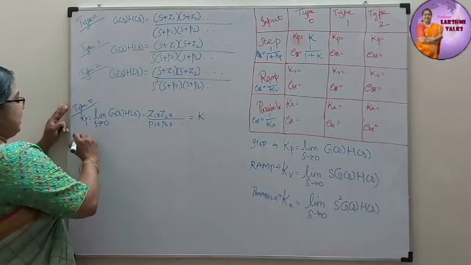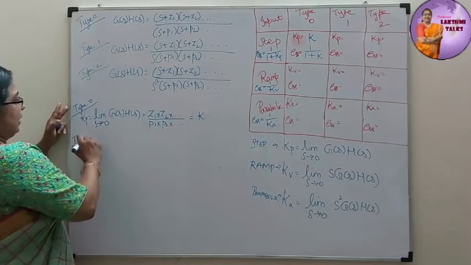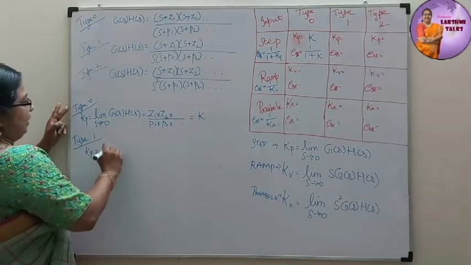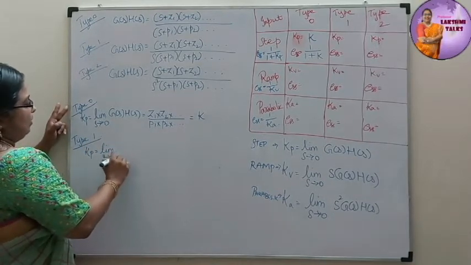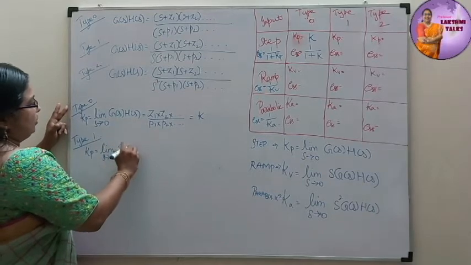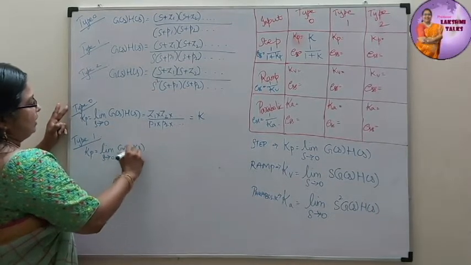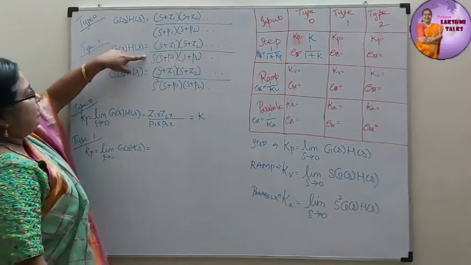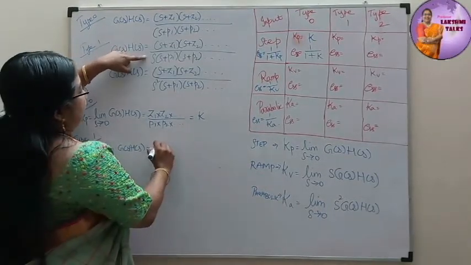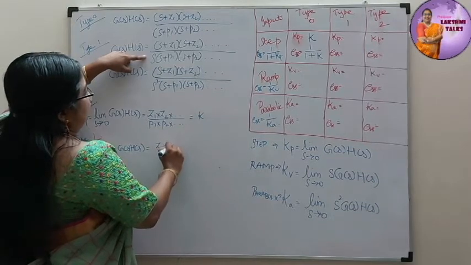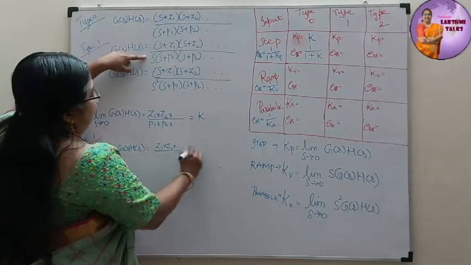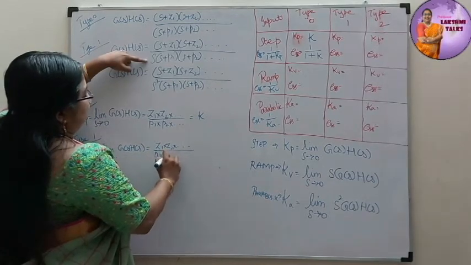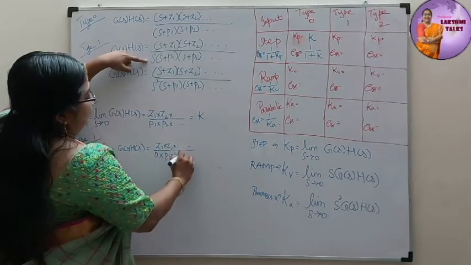Similarly, for a type 1 system, what will happen? What is Kp? Limit s tends to 0 of G(s)H(s) is equal to, for type 1, z1 into z2 and so on divided by s, which is 0, into p1 into p2 and so on.